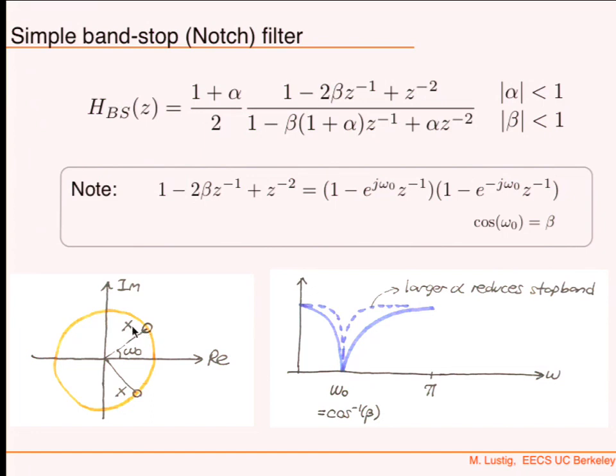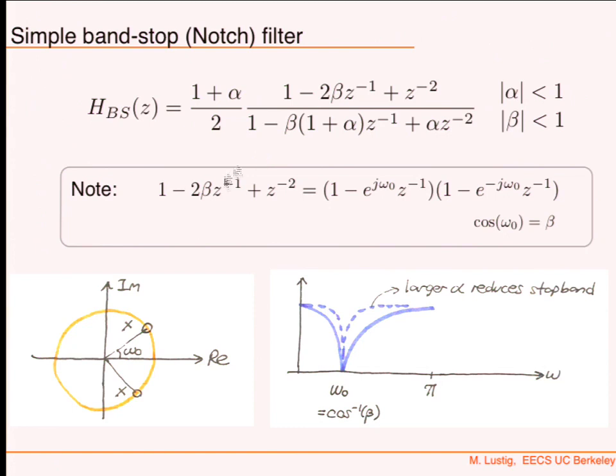Then in order to compensate for the magnitude, you want to put the poles close to the zeros in order to cancel their effect in the long term. If you have a pole and a zero over here, and you look at the magnitude far away from them, then the effect kind of cancels.